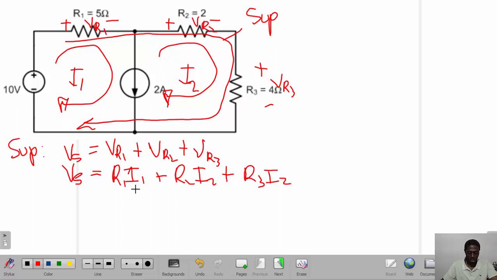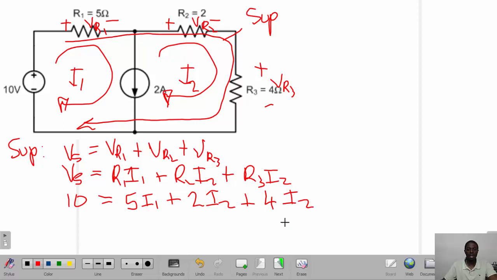If we replace in the values, we've got 10 equals 5 I1 plus 2 I2 plus 4 I2. Then we've got I2 and I2 which are common, and therefore the whole equation remains as 10 equal to 5 I1 plus 6 I2.